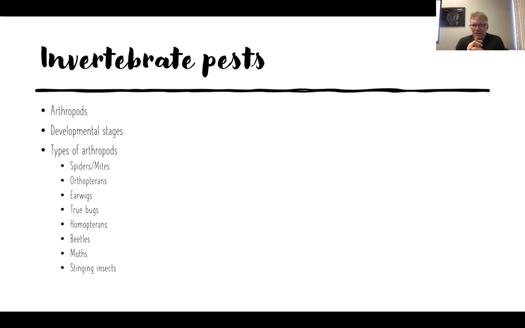And then you have stinging insects, which obviously could create big problems, especially if they have large nests, or if they are needed to pollinate. If they're not around because of some other issue, they're not able to pollinate and generate any type of new plants.